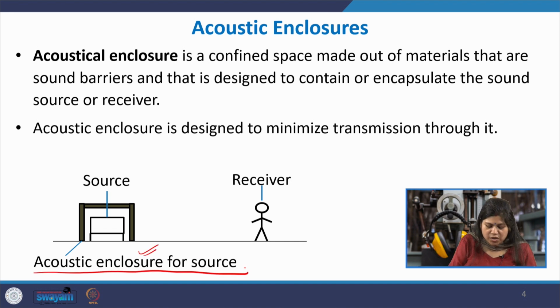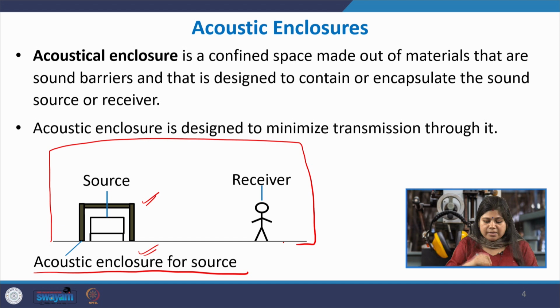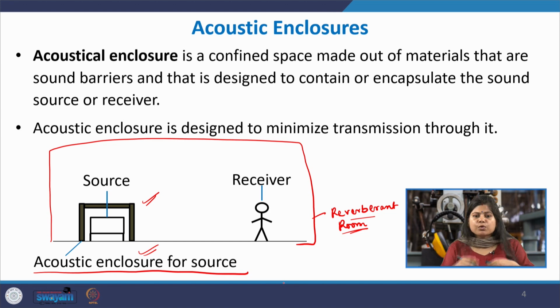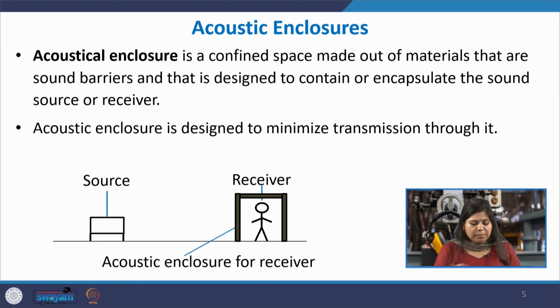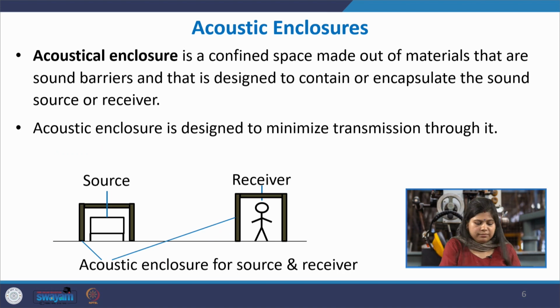You can either enclose the source completely. So, you have the acoustic enclosure for the source as given here, and it is usually in a reflective environment setup. Considering that they are in some kind of closed room, a reverberant environment, in order to cancel the sound waves reaching from all the paths, direct as well as reflected, you are completely enclosing the source, or you can completely enclose the receiver within this environment, or you can do both.